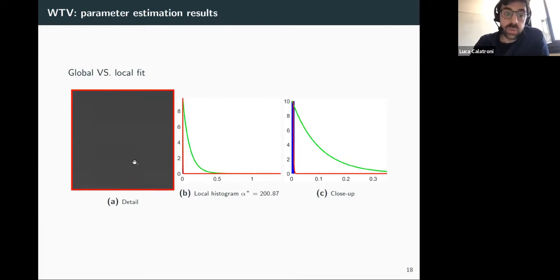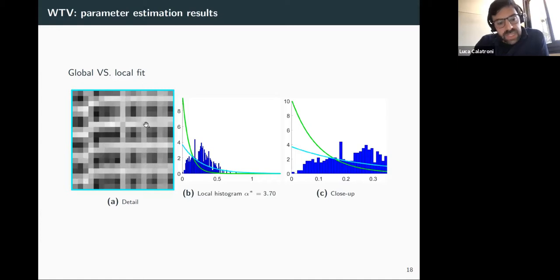Here in particular, we have a homogeneous region, so we want to have something extremely peaked. In the case of texture regions, we see that the local estimation still adapts the shape of my half Laplacian PDF better to the contents.